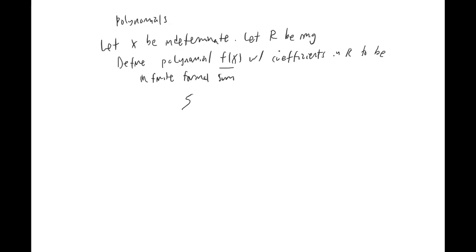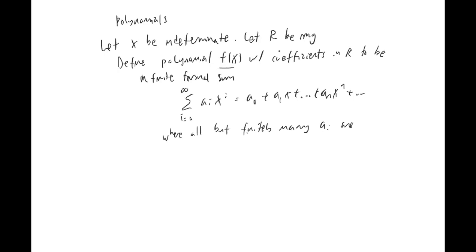Obviously a polynomial can't have infinitely many terms, but we just say all but finitely many are 0. a_0 + a_1 x + ... + a_n x^n, where all but finitely many a_i are 0, and the a_i are all in our ring.